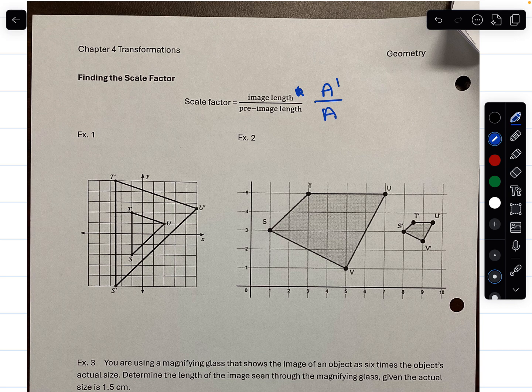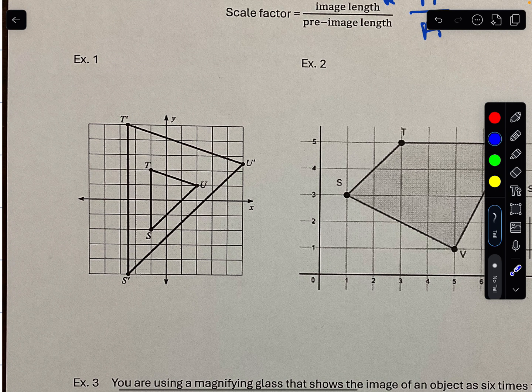Now, it's the length. So if I'm trying to do that here, which side can I actually find the length of? There's only one. Well, easily, T and S, right? So what's the length of T prime to S prime? 10. What about T to S? 4. Okay, so all we're doing is counting the length. T prime to S prime is 10.